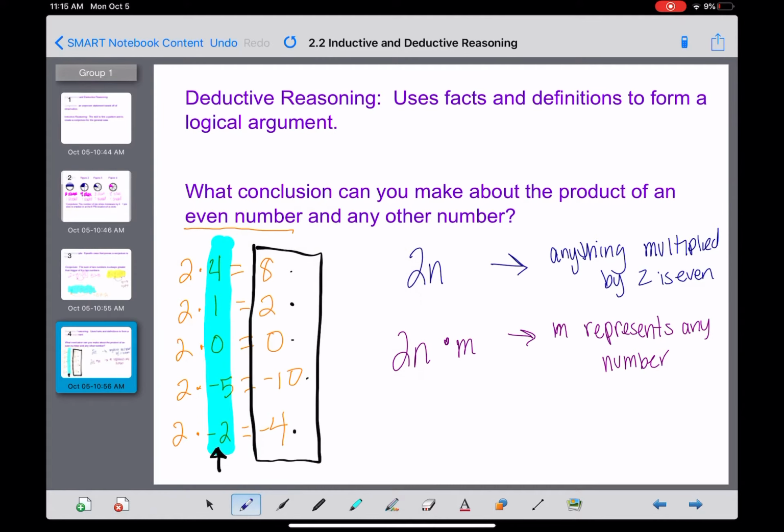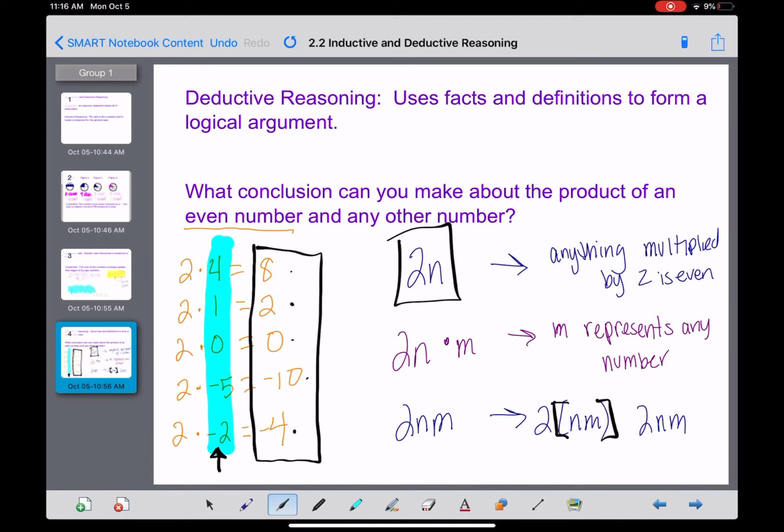I have 2n times m. This is showing that we're multiplying 2 times a product. Therefore, I can conclude that 2nm is even, because if we go back to our first statement, 2 multiplied by any number is even. So even when we multiply 2 by a product of numbers, we're going to get an even number.